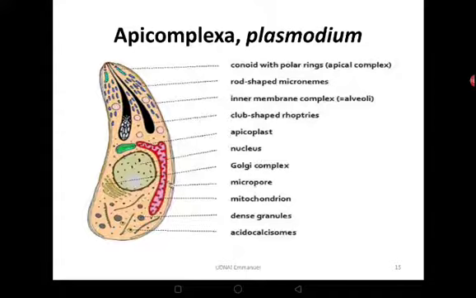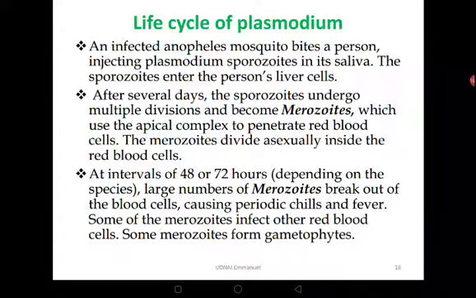That's why it is called Apicomplexa. It has a lot of structures that are difficult to analyze properly. There are a number of organelles there that you can see, some of which are shared by all organisms, and they play quite similar roles like they do in other organisms as well.